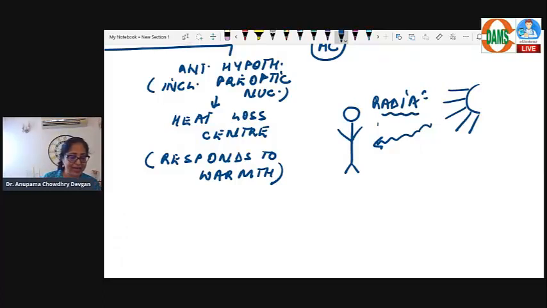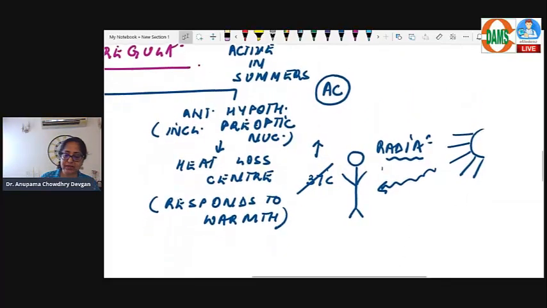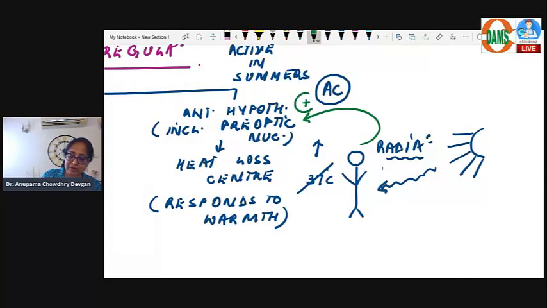And when you gain heat by radiation, the core body temperature will now rise. So what happens if there is a rise in the core body temperature? This rise will excite the anterior hypothalamus, which is your heat loss center.